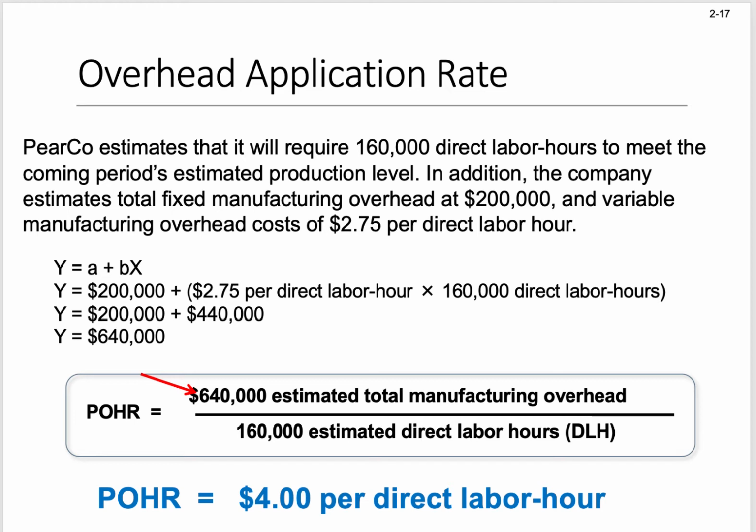Now we're going to calculate the total cost. We think back to chapter 1, where we solved our formula for total cost: Y equals A plus B times X. A is our fixed cost, B represents the variable cost per unit, and X represents the activity level.